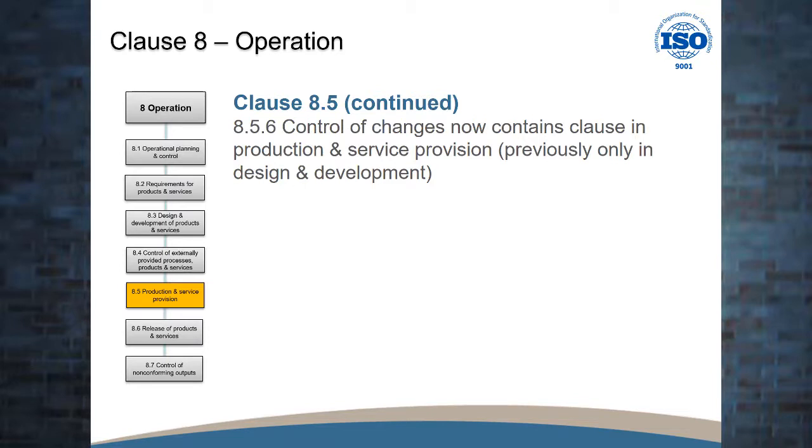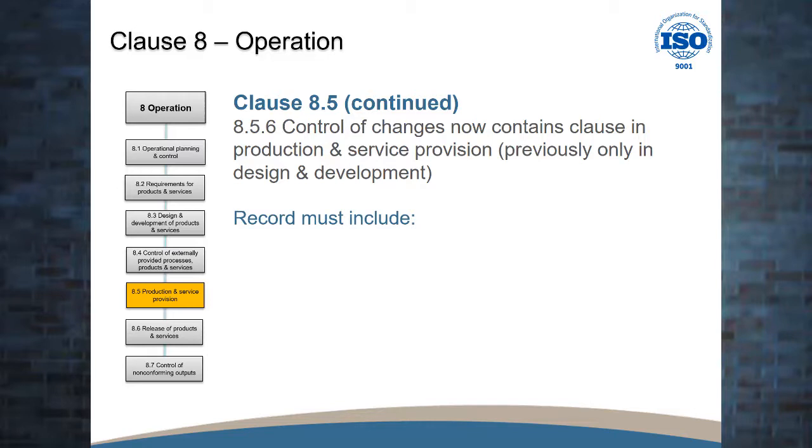8.5.6, control of changes now contains a clause in production and service provision, so it's broken out on its own. Previously, we only really saw control of changes in the design and development side, when in fact we all know that there's quite a bit of changes in controls that happen in live production or live service. So this gives a little bit more detail on controlling those changes in the operational lane that happen outside of design and development.